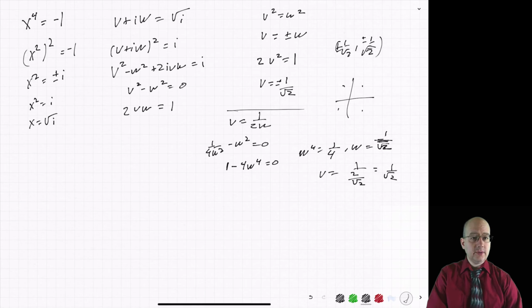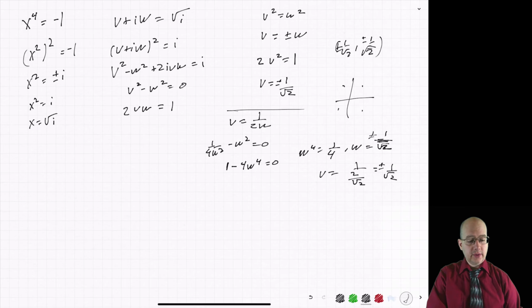The magic of square roots. Square root of 2 divides into 2, giving you square root of 2. Good. And of course these are all plus or minus. Okay, good. So that's that.